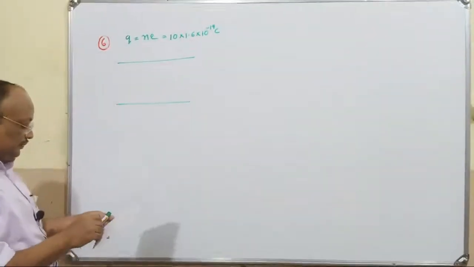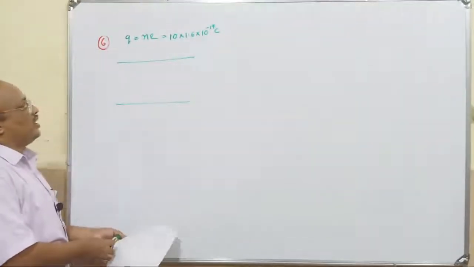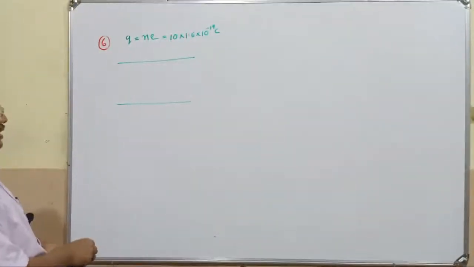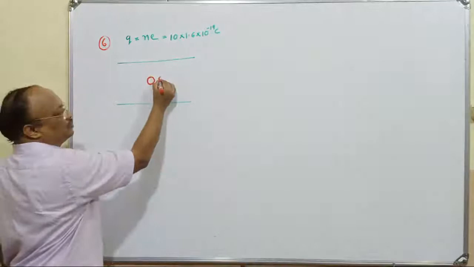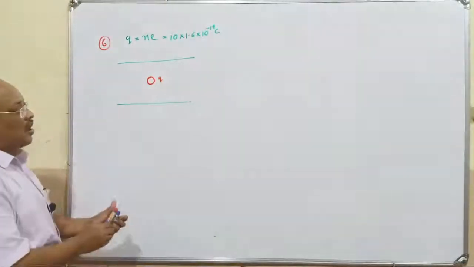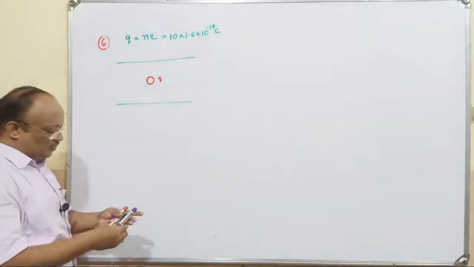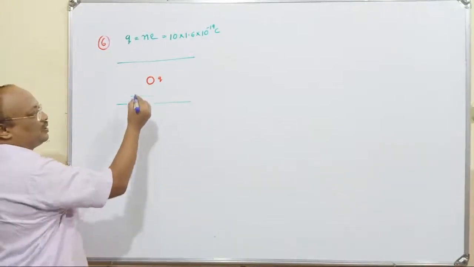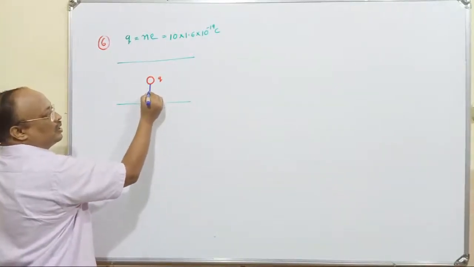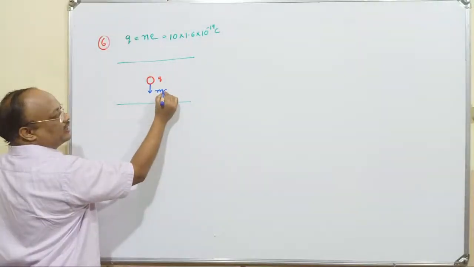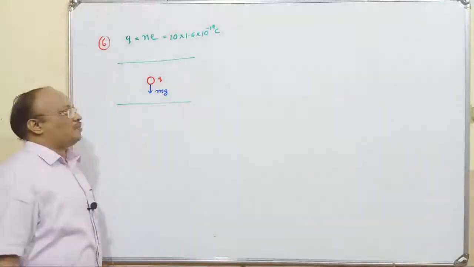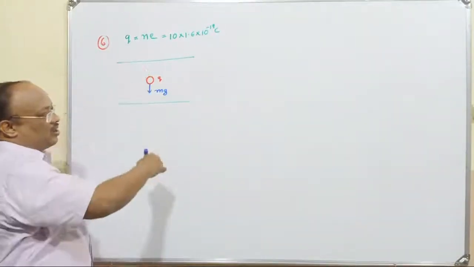So we have this oil drop which has a charge Q. On this, what are the forces acting on it? Weight of this oil drop is acting in the downward direction.